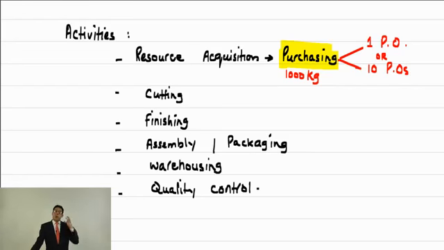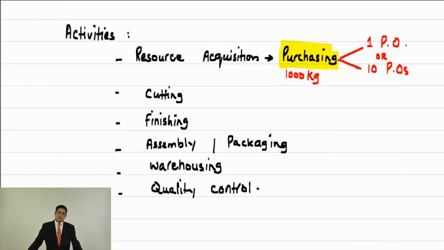Again, I'm not talking about whether buying in bulk in one purchase order is good and buying in 10 purchase orders is bad. I'm not judging which one is better for the company. My idea is to develop a cost driver for the purchasing overheads.